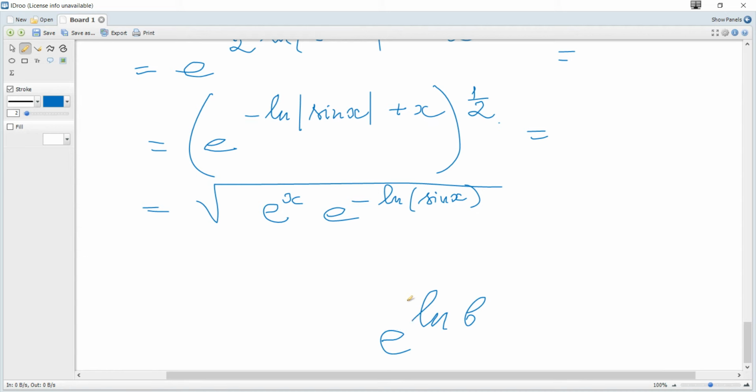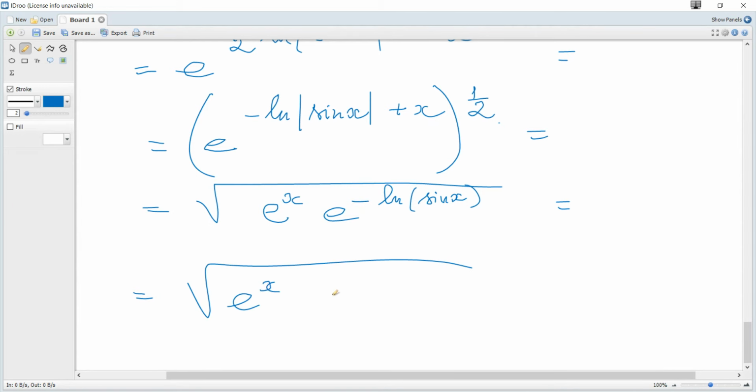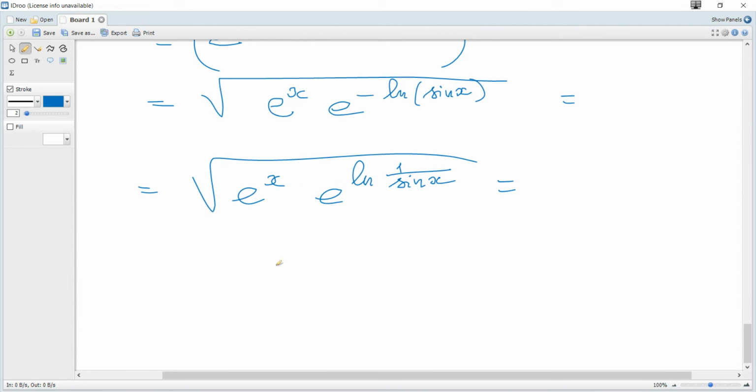Using another property of logs, this moves to the power of sine, so it becomes square root of e to the power of x, e to the power of ln of sine to the power of negative 1, or it can be rewritten just as 1 divided by sine, just 1 over sine.